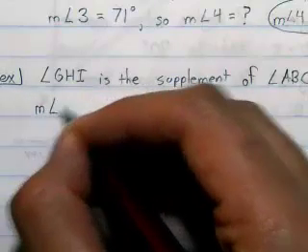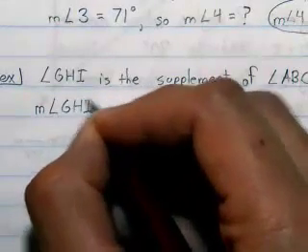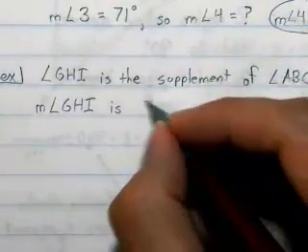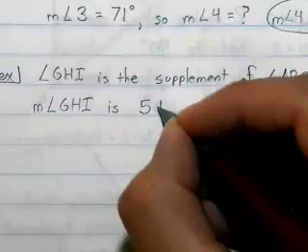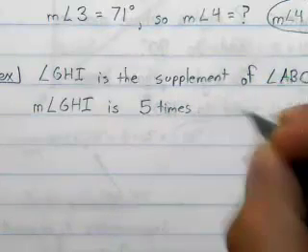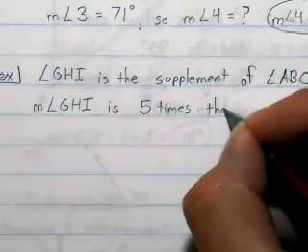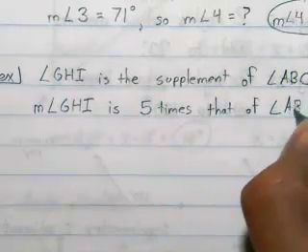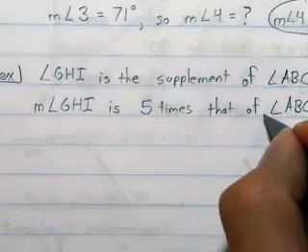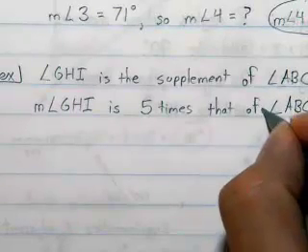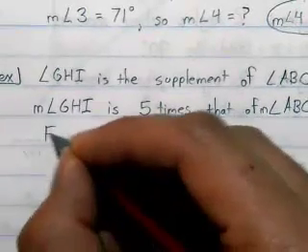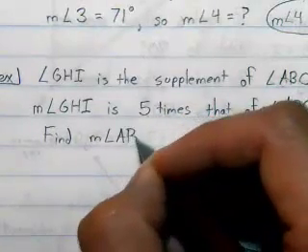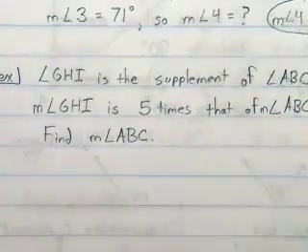And let's see, the measure of GHI is 5 times that of angle ABC. So find the measure of angle ABC.